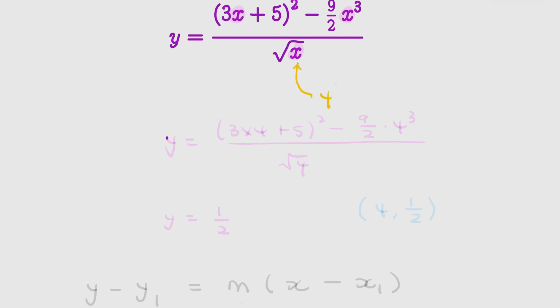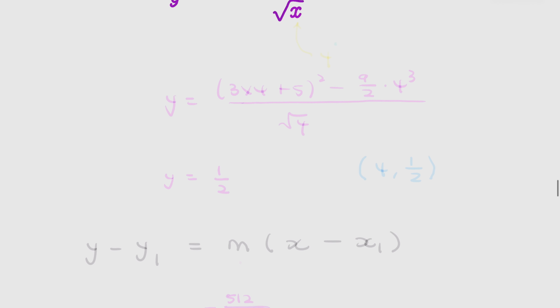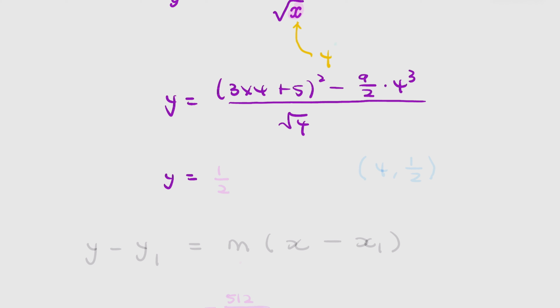So we can find y as 3 times 4 plus 5 squared, minus 9 over 2 times 4 cubed, divided by the square root of 4. And if you put that in your calculator, that gives you a half.